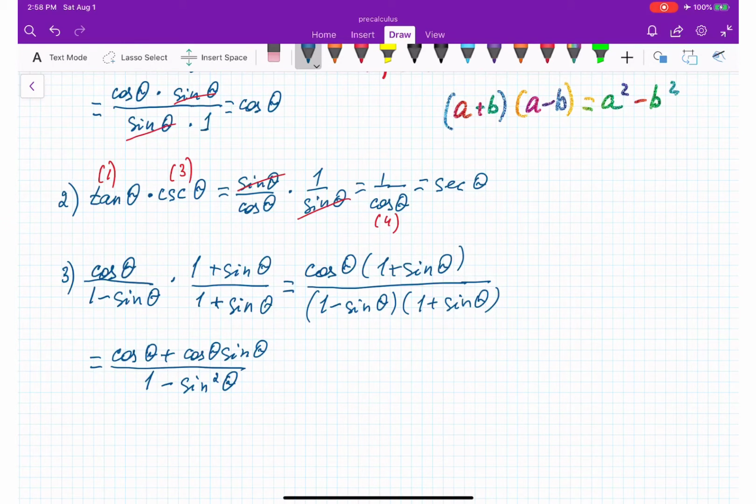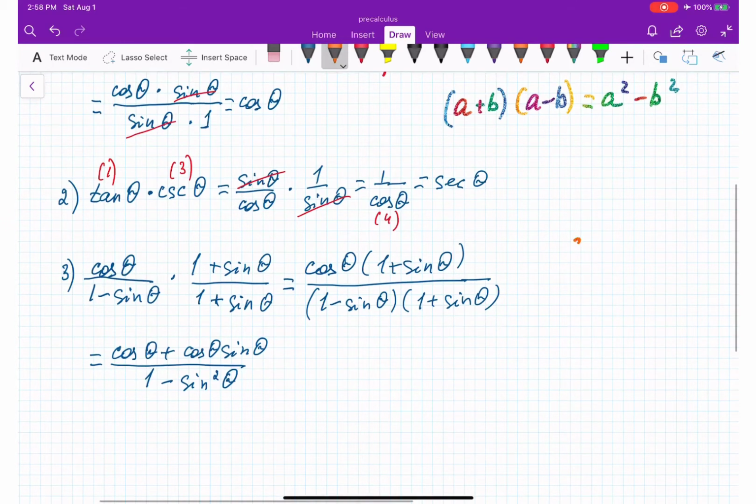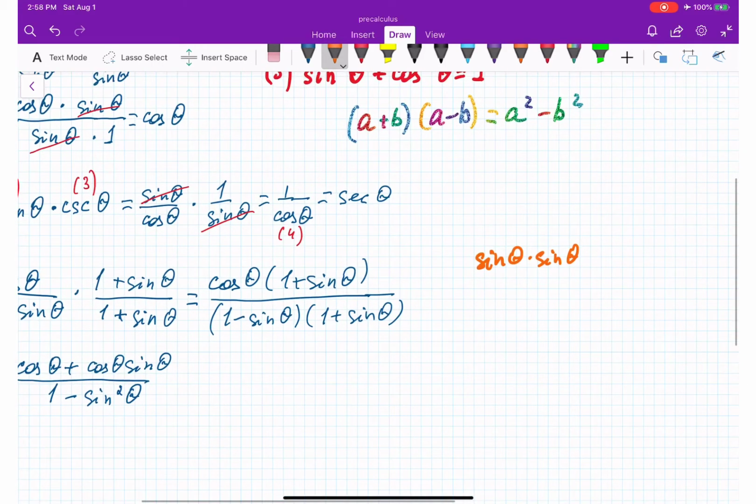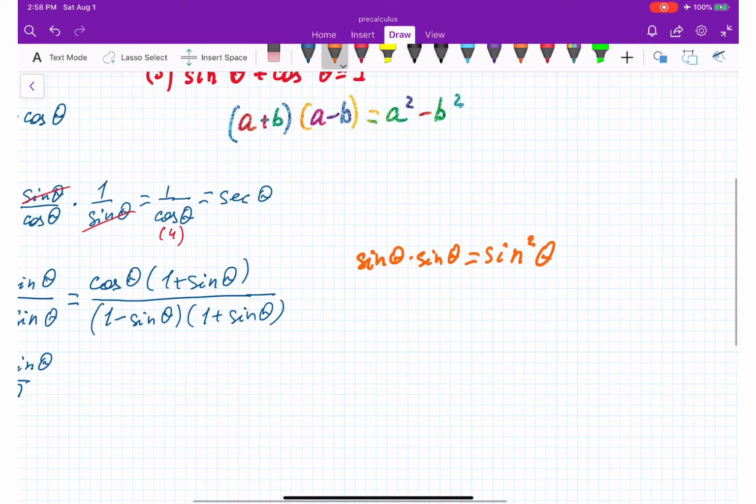Let me show you here. Sine theta times sine theta is going to be equal to sine squared theta, okay? And you cannot write down sine theta squared here.